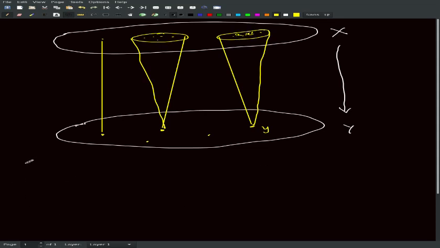So x and x prime are said to be in the kernel pair of f if and only if f(x) is equal to f(x prime). So kernel pair of f is nothing else but the partition induced by the function f.